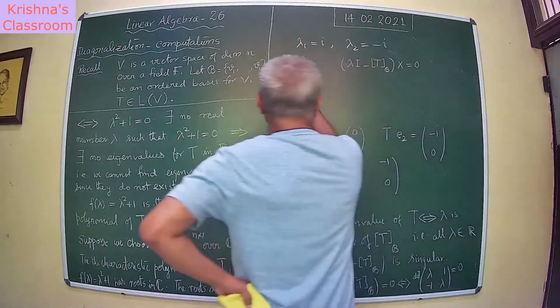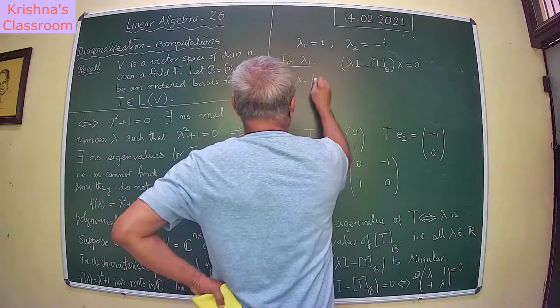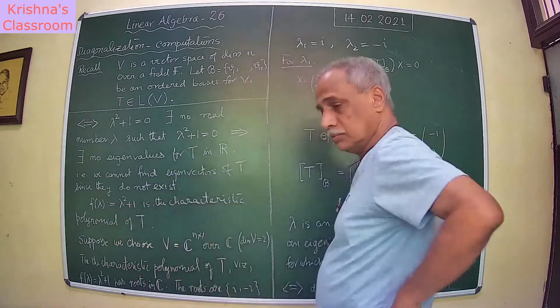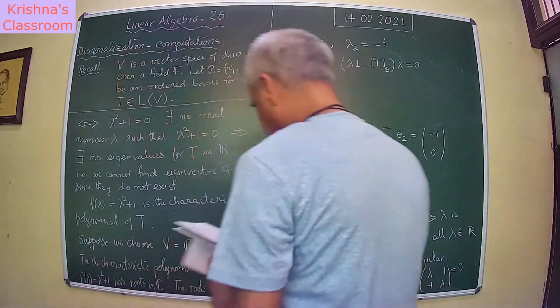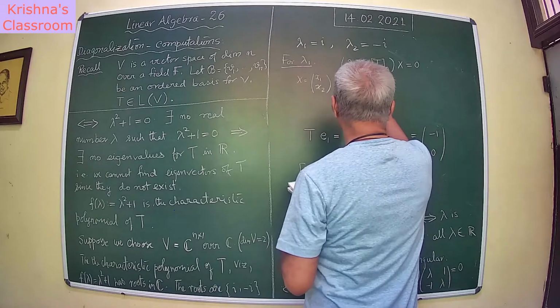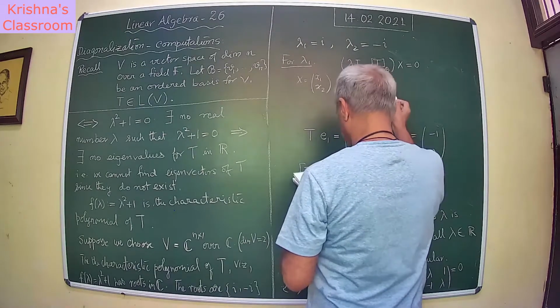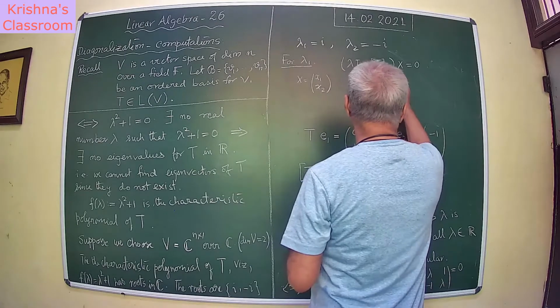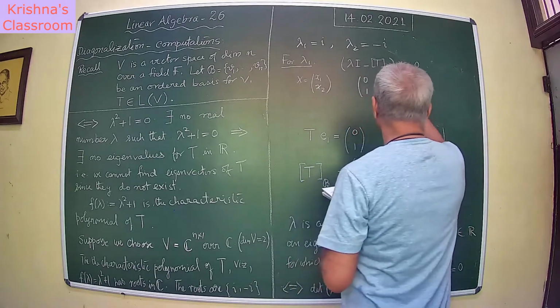If I write x to be x1, x2, then I have the following equation, the matrix 0 minus 1, 1 0 acting on x.